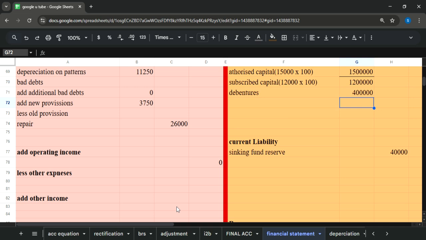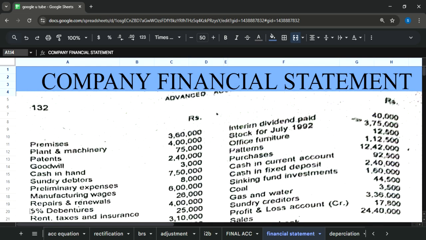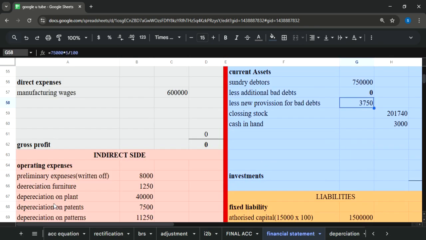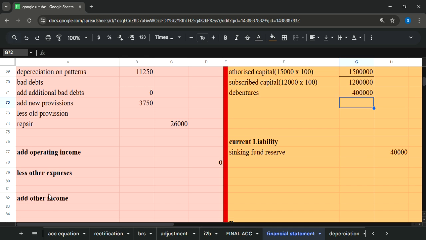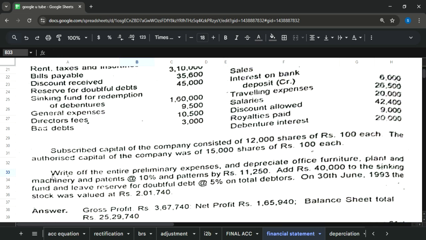But beside this, you can see that we have a percentage, 5% on debentures. So you will come to other expense, and here interest on debentures would be written in the second row, and this was 5%.